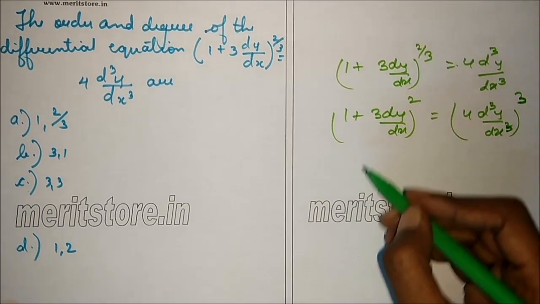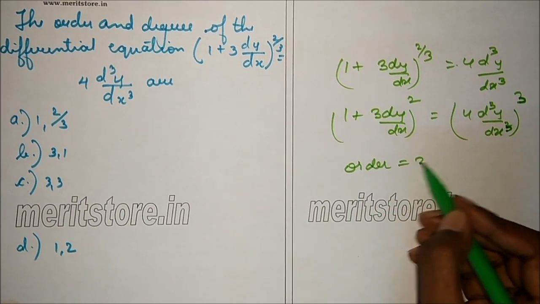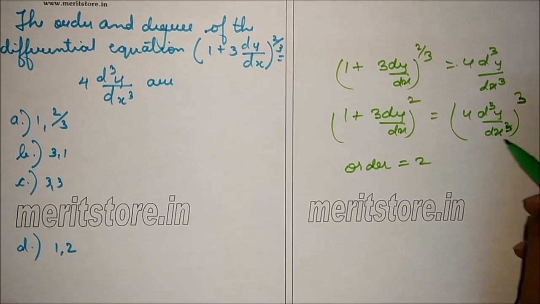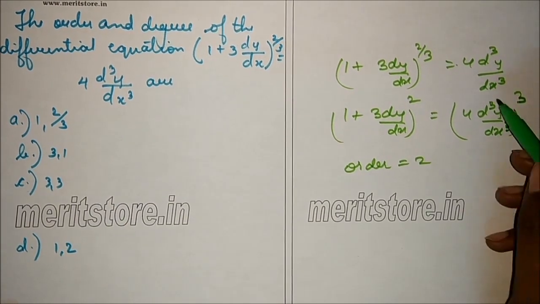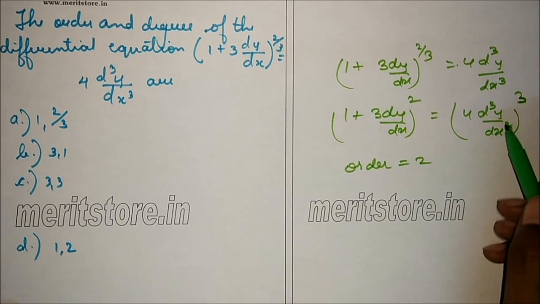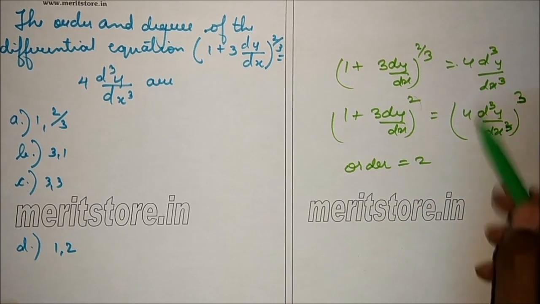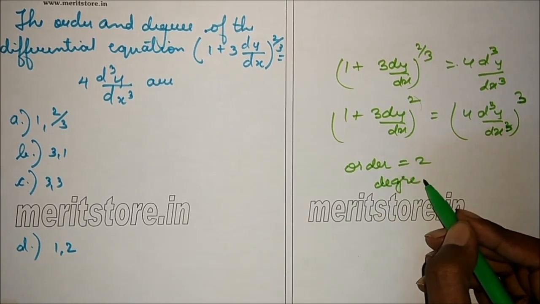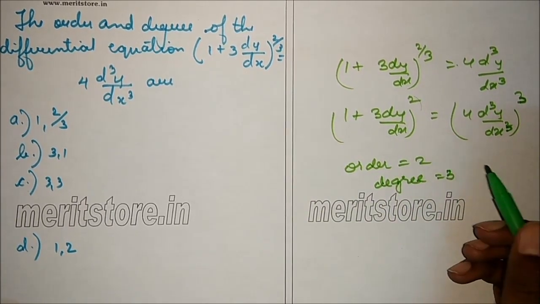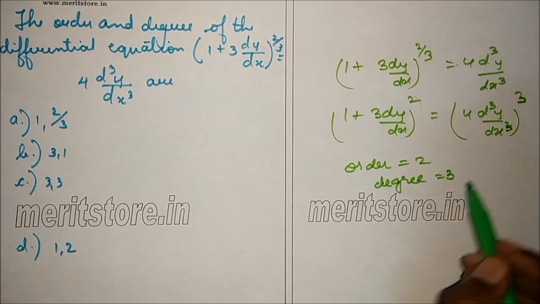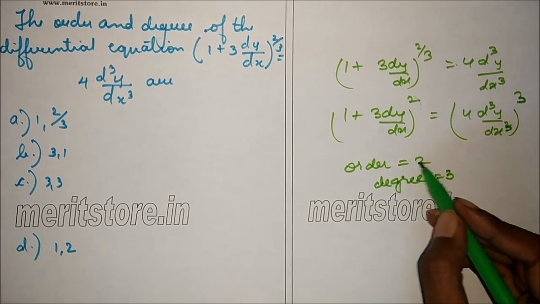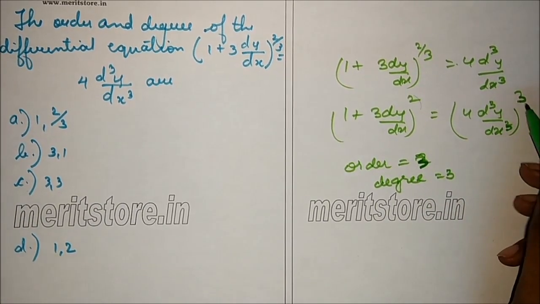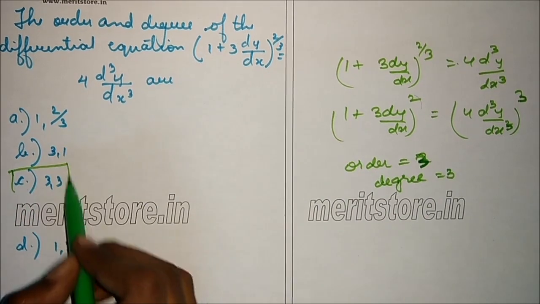So here we can see the order is 3, since the highest order is d3y/dx³, that is the equation is differentiated thrice, and the power of this highest order derivative is 3, so the degree is 3. The order is 3, the degree is 3. So the answer is C, 3 comma 3.